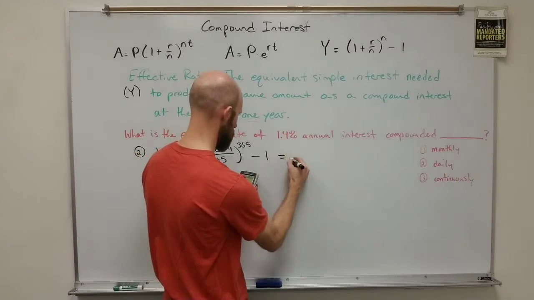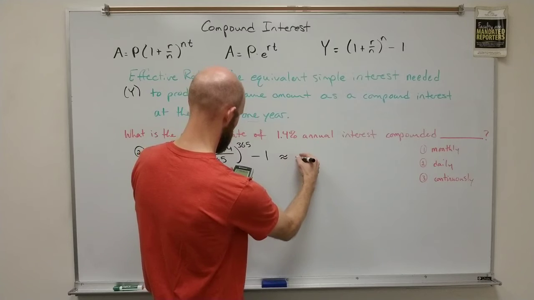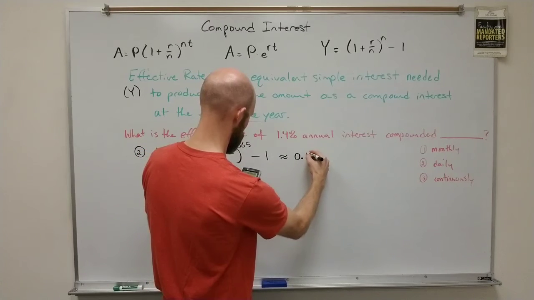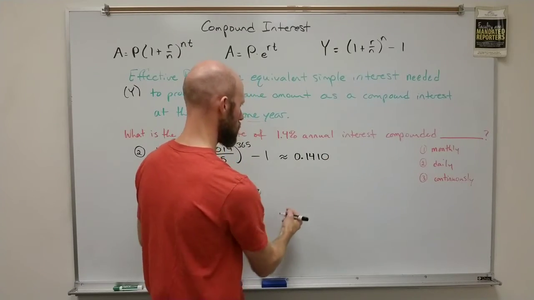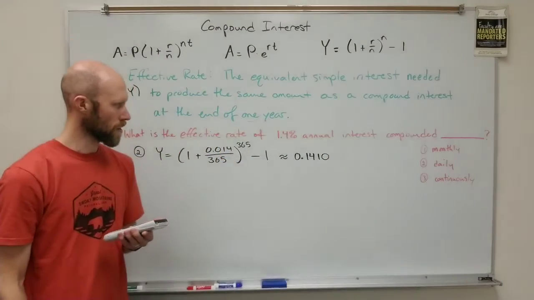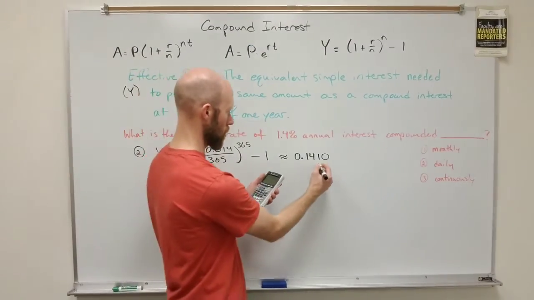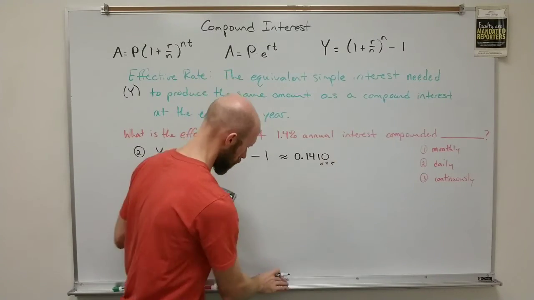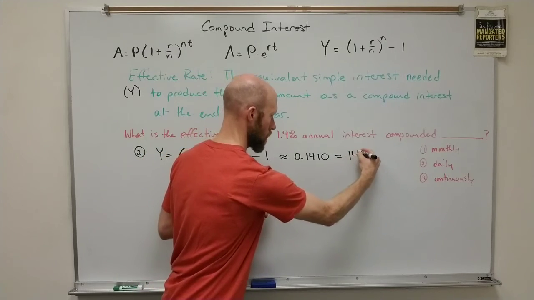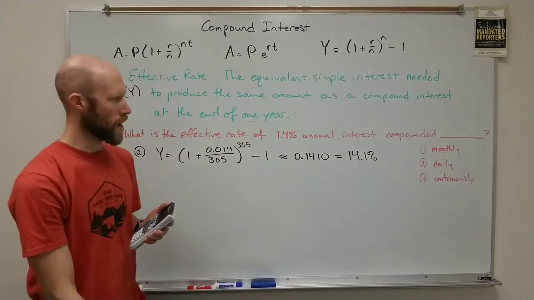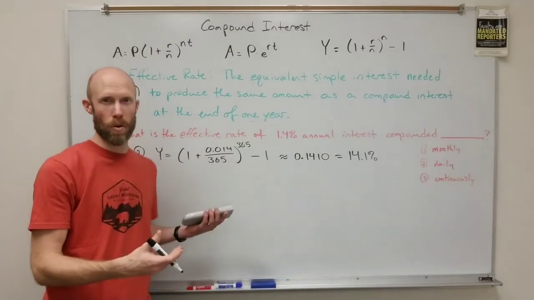I should do an approximate here because I'm going to have to round it. It's 0.0141 if I rounded it to the nearest 10,000th there, because it's really 0.0140980 and then some other stuff, but it rounds up to a 10 there. Which is equivalent to 1.41%. So that's the effective yield. It went up a little bit, from 0.09 to 0.1.